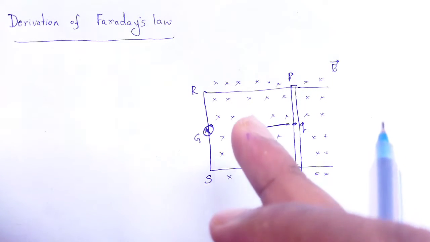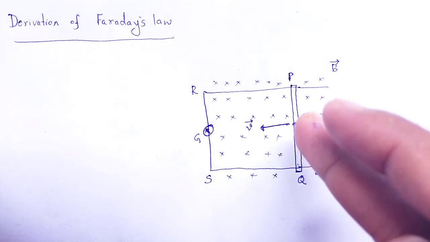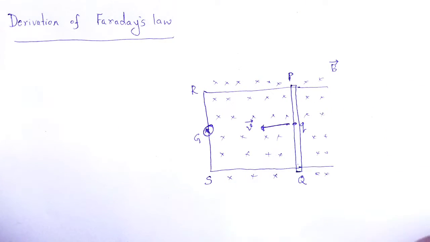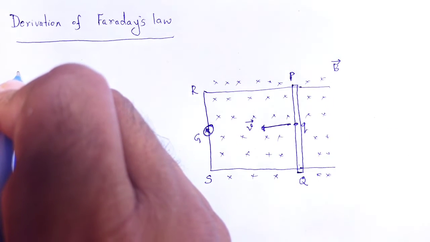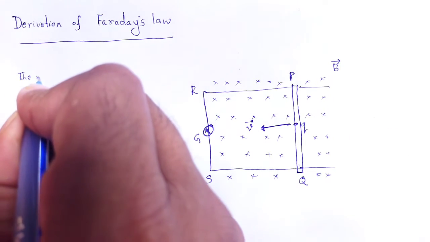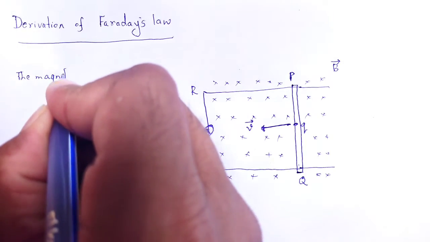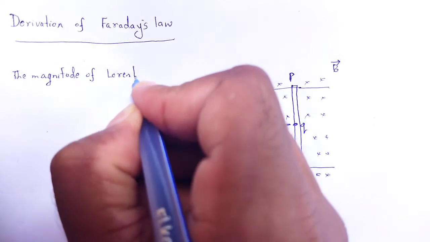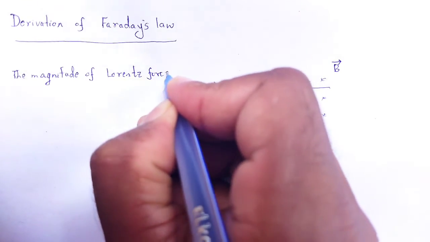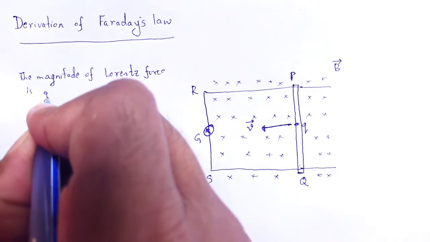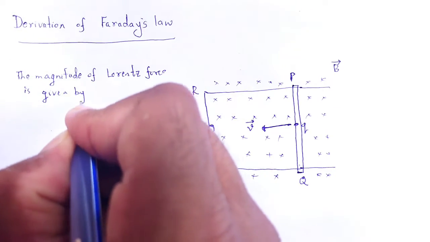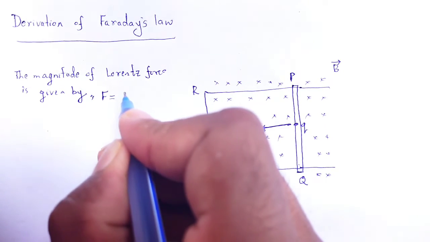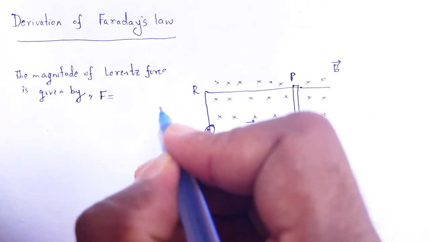So, here Lorentz force will be experienced, and the magnitude of Lorentz force is given by F is equal to Q V cross B magnitude.